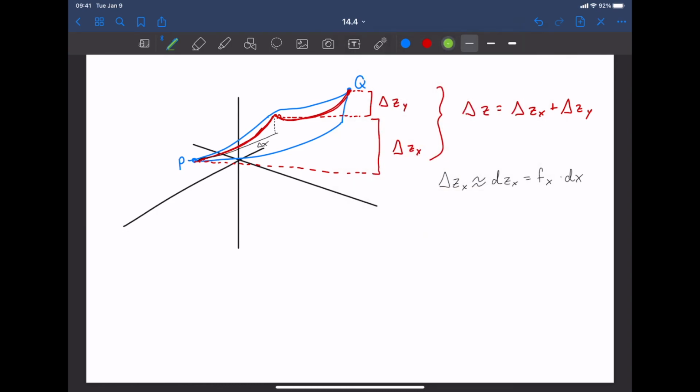Similarly, along this curve, oh boy, I really messed up with the tangent line here. It's going to look really bad. The tangent line would be like that. So you can see this is going to be whacked out. And so we could estimate that change in z with respect to y.